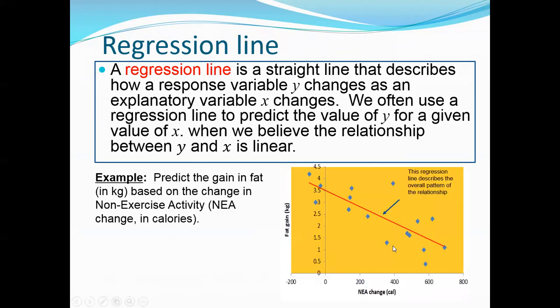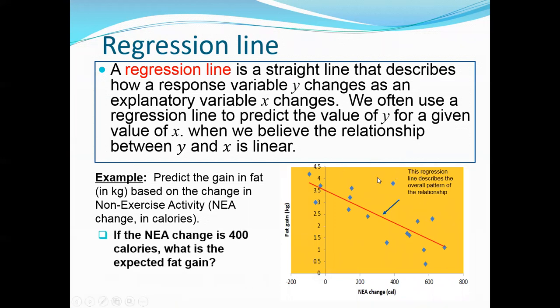Example: predict the gain in fat in kilograms based on the change in non-exercise activity, NEA, change in calories. First we make a scatter plot of the data with the x-axis being the change in NEA and the y-axis being the gain in fat in kilograms.